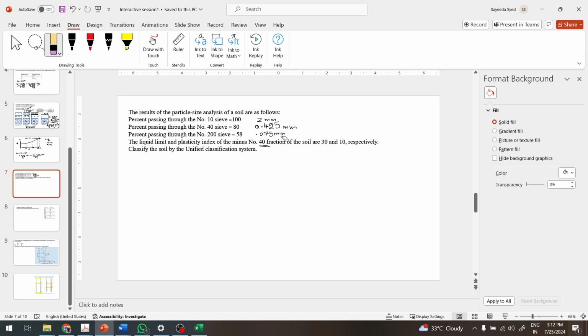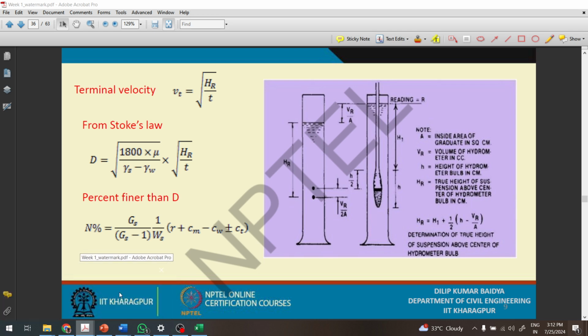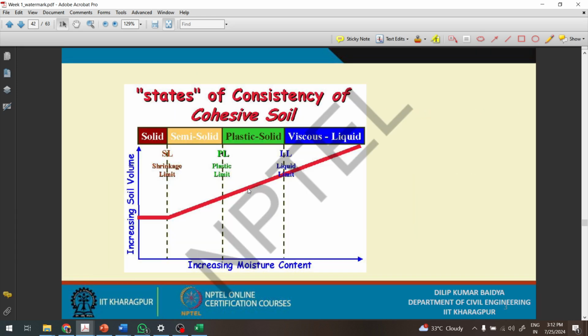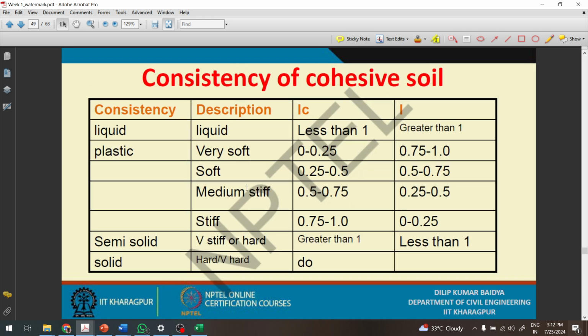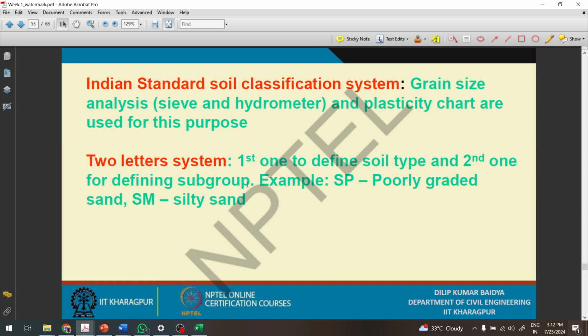Percentage retained on 0.075 is 58%, which is like, let me refer to the chart that you have studied in class, because there are some minor differences in the system for IS classification system, and let us follow what you have studied in class. So the IS classification system, we will do the IS classification system and not the USCS system.